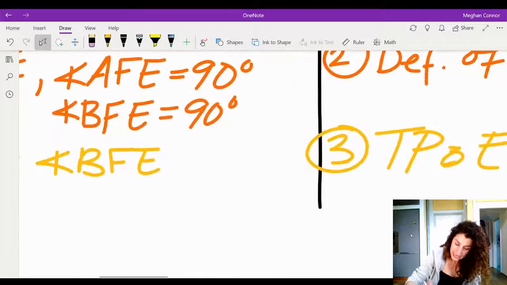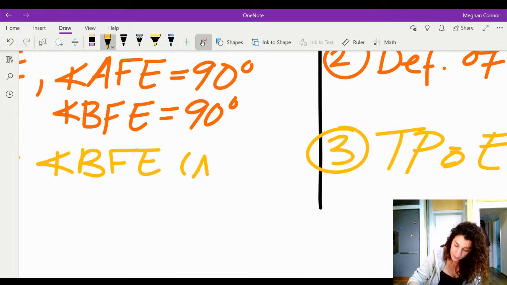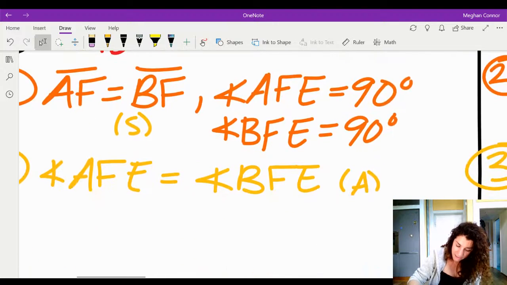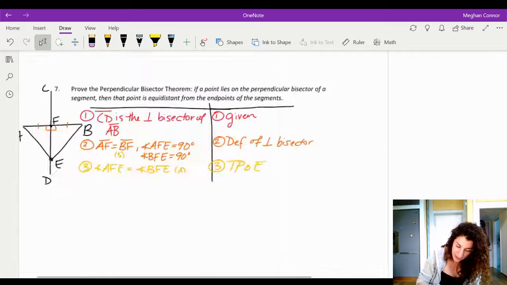And now I've set an angle here. Here I've said a side. And now I need to say my final side, which is FE.